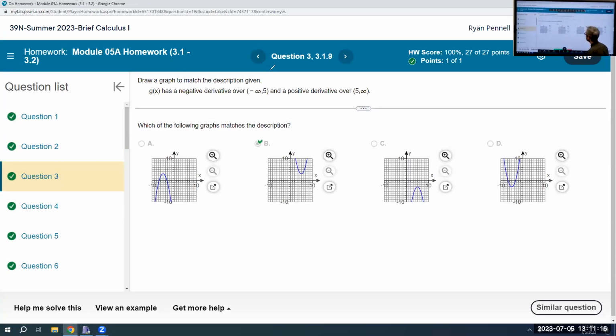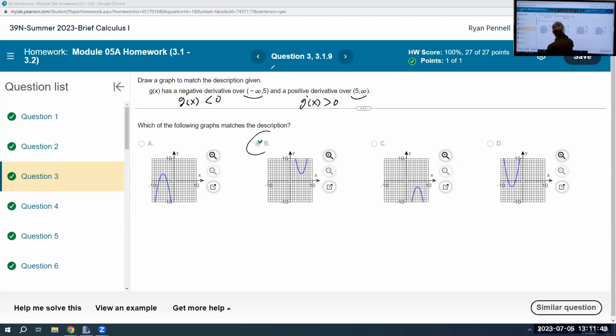Number 3, g of x has a negative derivative over -infinity to 5. That means that its slope is negative. It's tending towards downward. G prime of x is less than 0 on this interval, and g prime of x is positive over this interval.